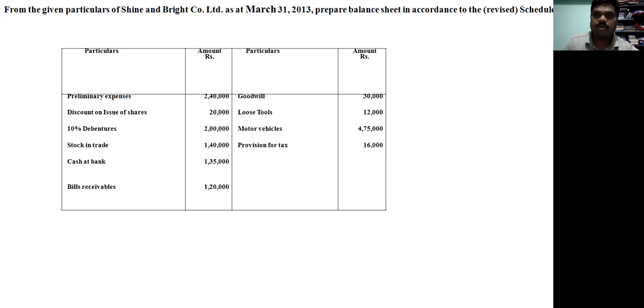Hence, while preparing the vertical form of balance sheet, I am giving a simple format. With this simple format, the preparation of the vertical form will become easy. Normally, as per the principle of preparation of the vertical form of balance sheet, as and when essential, the note numbers are to be taken into account.